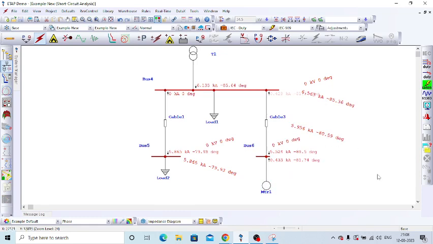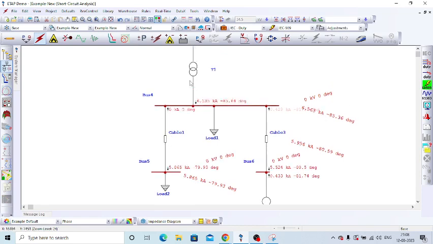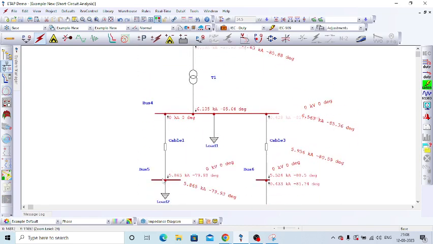Here you can see in this bus, the maximum fault current, 5.865, is coming from the grid source to this fault point, bus 5.